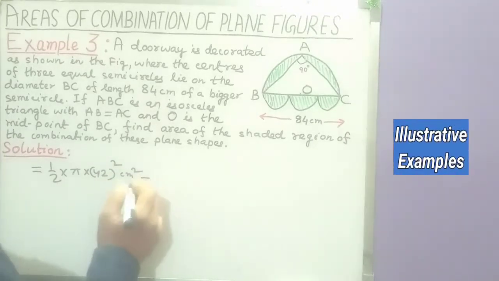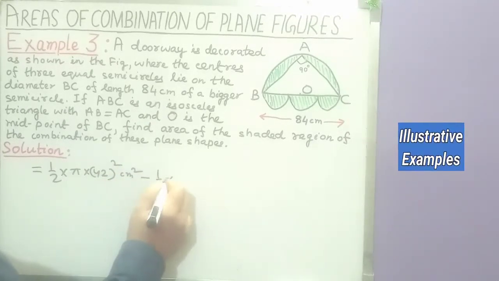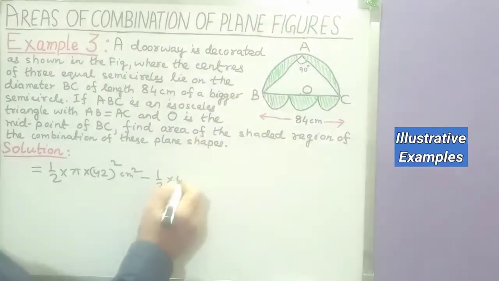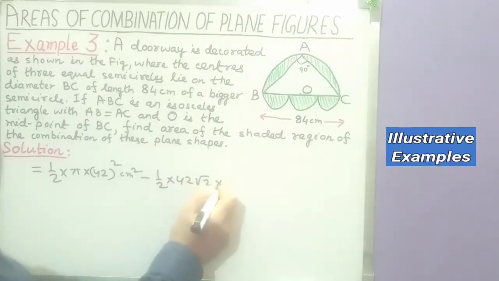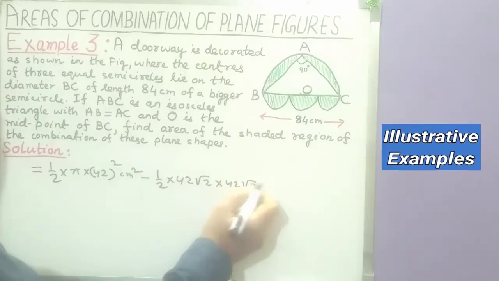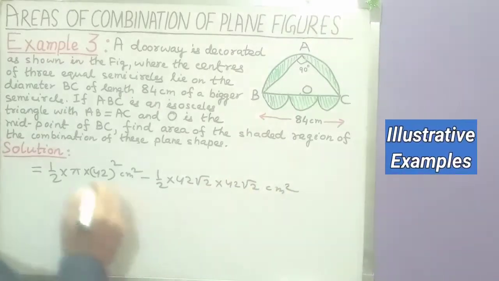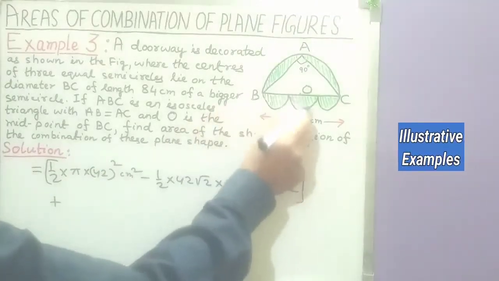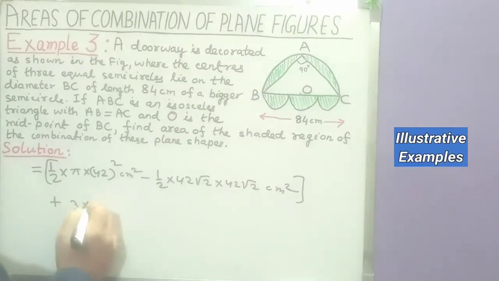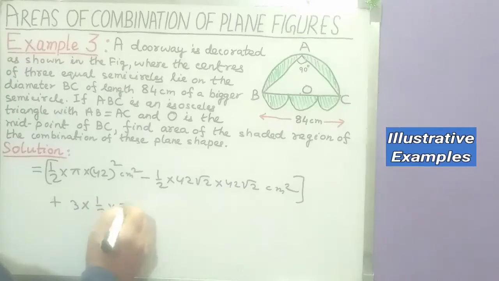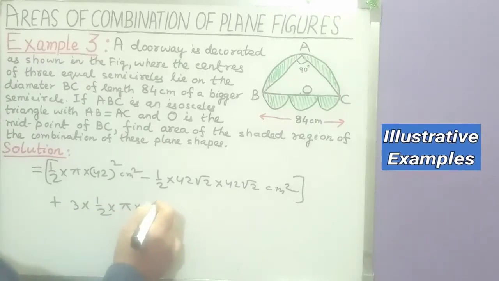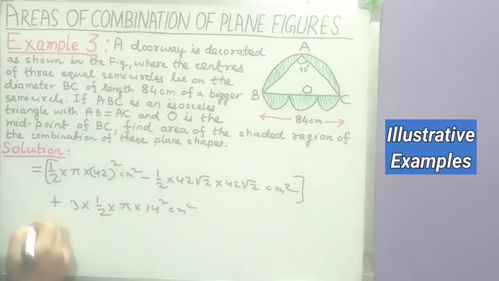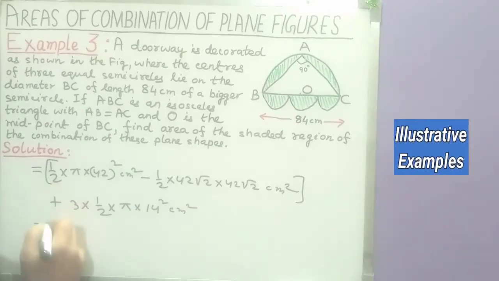This gives the area of the bigger semicircle minus half into 42 root 2 into 42 root 2 centimeter square. This gives the area of the isosceles right triangle plus 3 into half into pi into 14 square centimeter square. This gives the sum of the areas of 3 equal smaller semicircles.